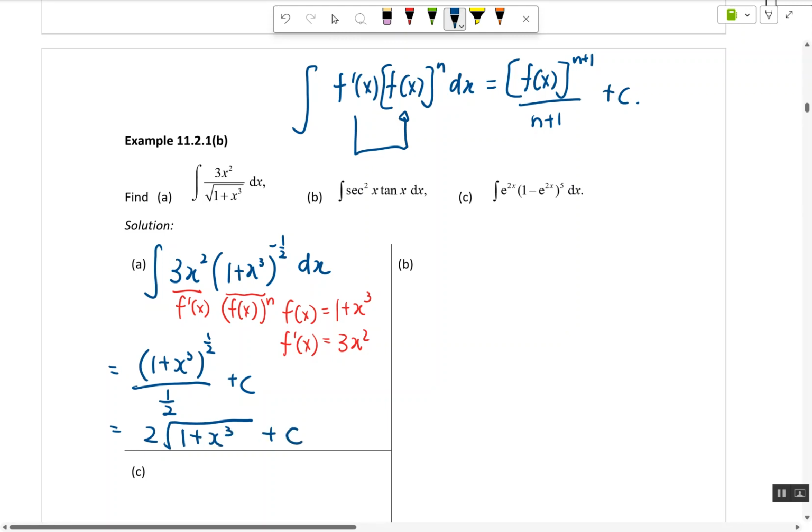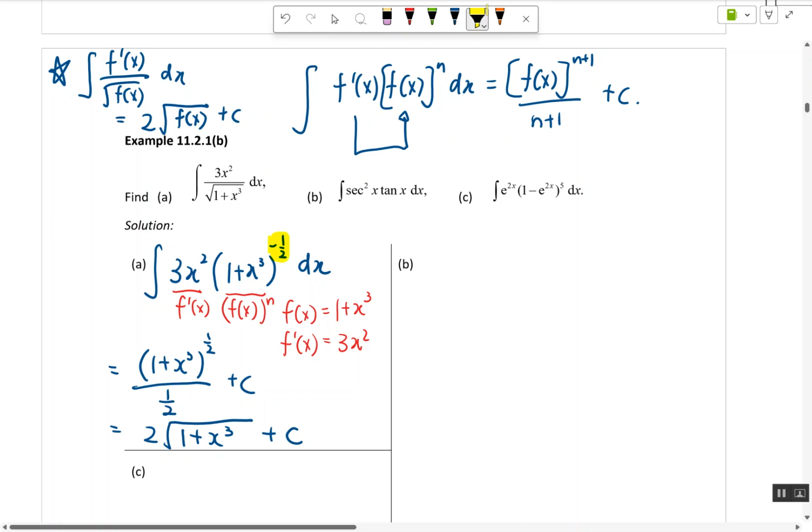So I would like you to write down that if you see f prime x over square root f x, as a result of this, that means the integral of f prime x over square root f x is equal to 2 times the square root of f x plus c. As you can see, when I integrate anything divided by a square root, it means power negative half.